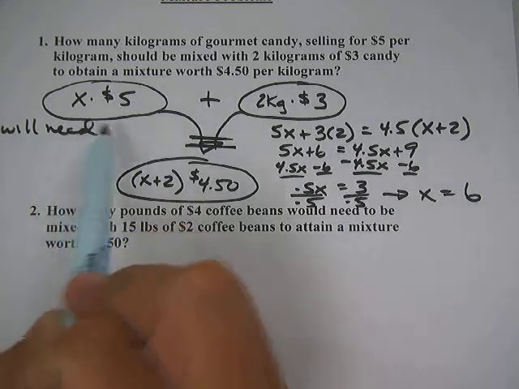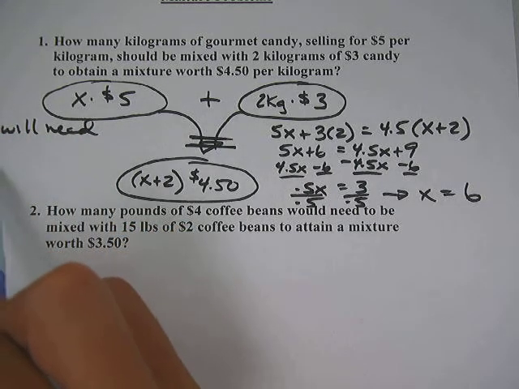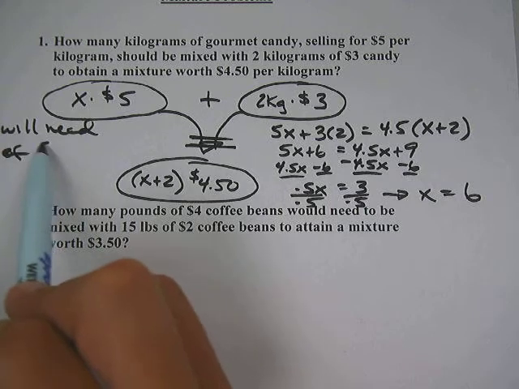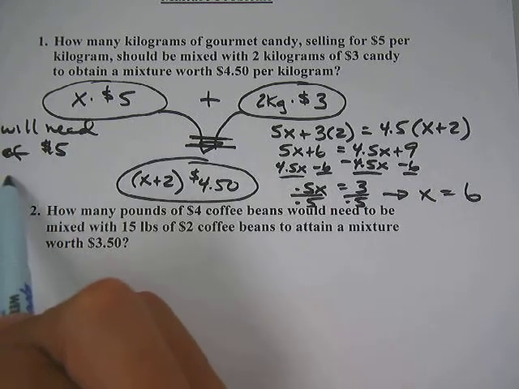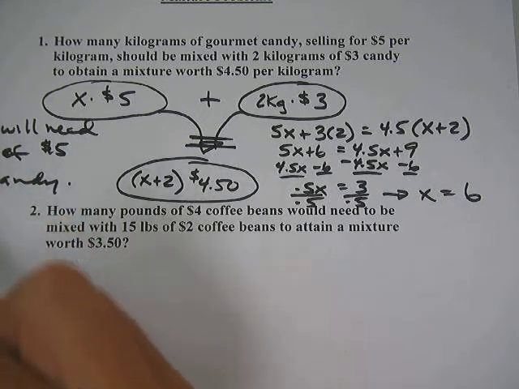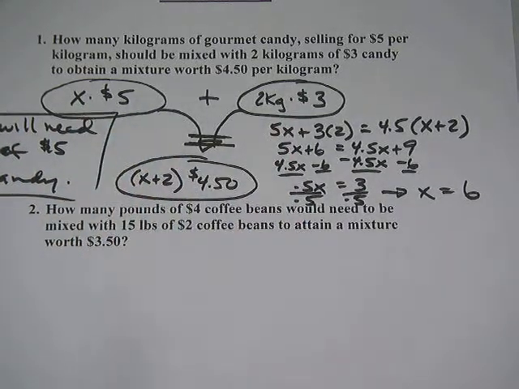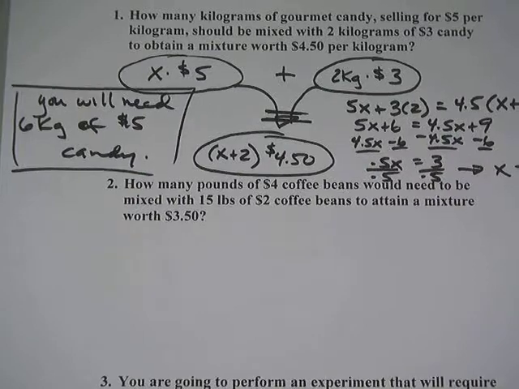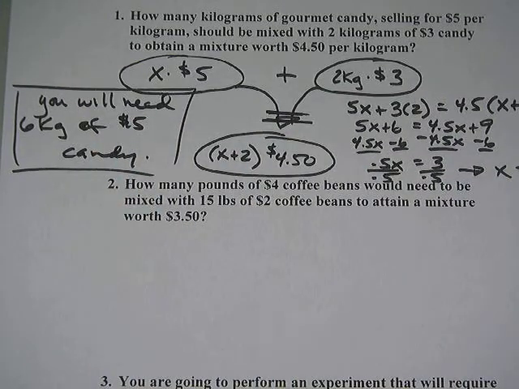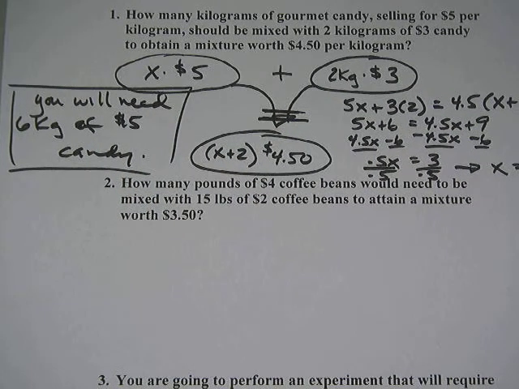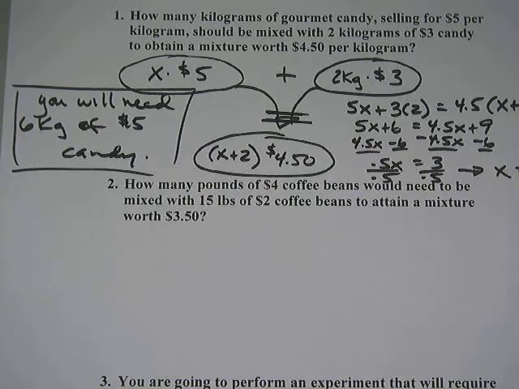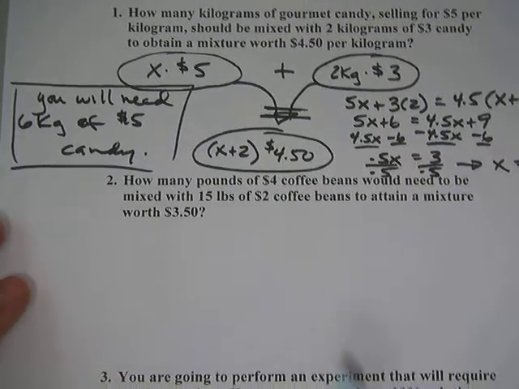So you will need 6 kilograms of $5 candy. And that's all there is to it. Hopefully this little visual is a good thing for you and gives you an explanation of how to set things up.